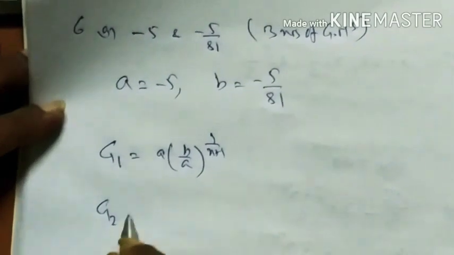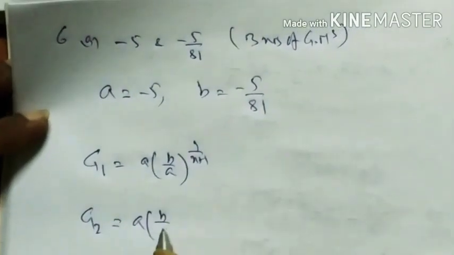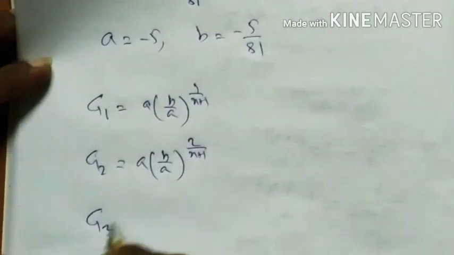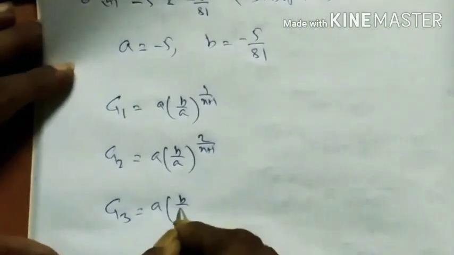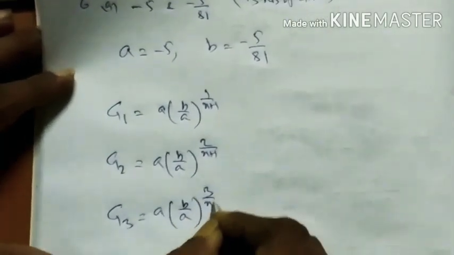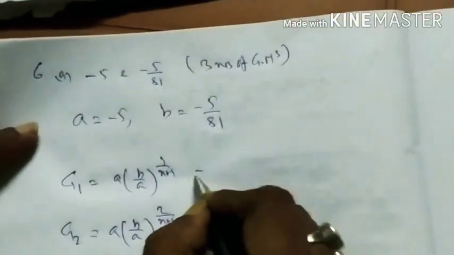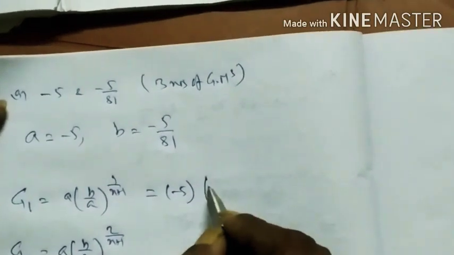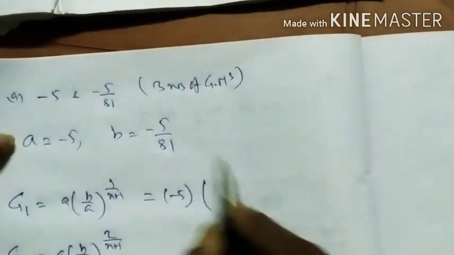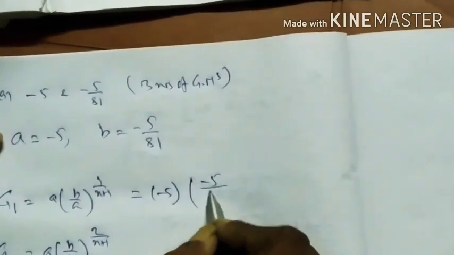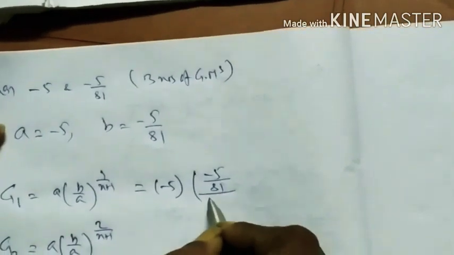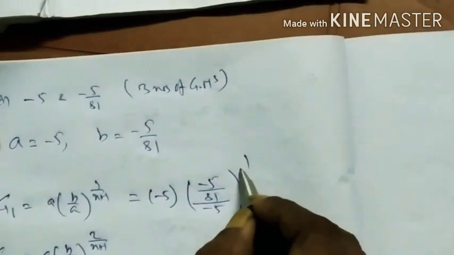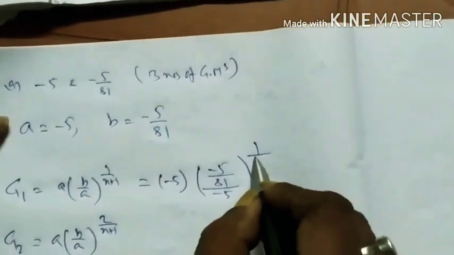Similarly, G2 is a(b by a) to the power of 2 by n plus 1, G3 is a(b by a) to the power of 3 by n plus 1. Now I am going to put the values. A is your minus 5, b is minus 5 by 81, divided by minus 5, to the whole power 1 by 3 plus 1, that is 4.